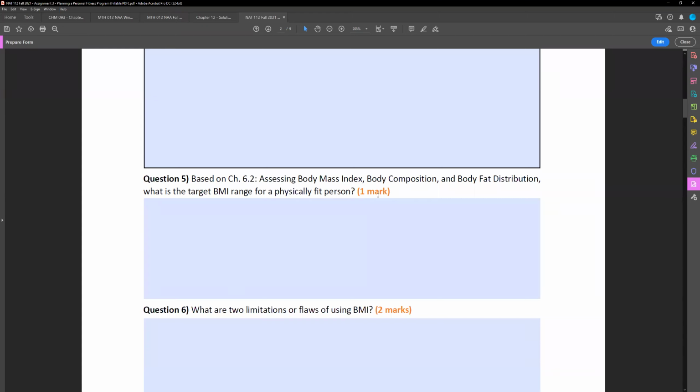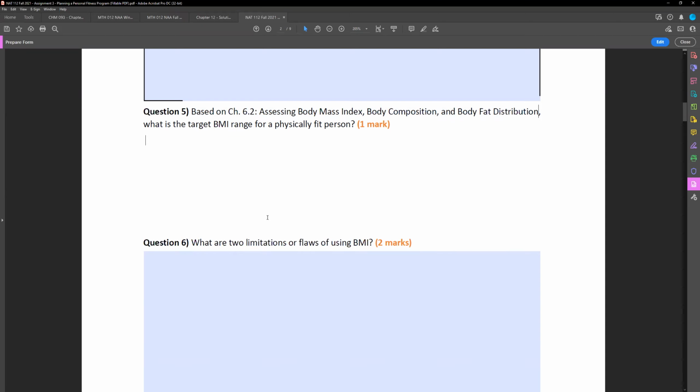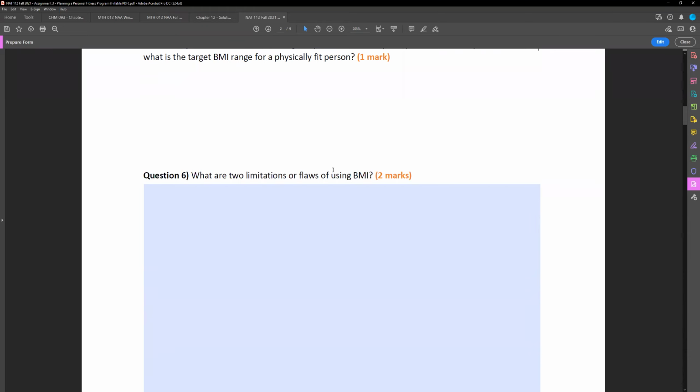What is the target BMI for a physically fit person? Well, many of you already know this, but you can go to chapter 6.2 and you're just identifying what the target BMI is. Remember, we discussed that there's a lot of flaws with BMI. BMI isn't a perfect measure. So the next question, what are 2 limitations or flaws of using BMI?